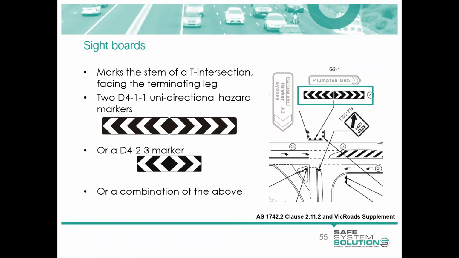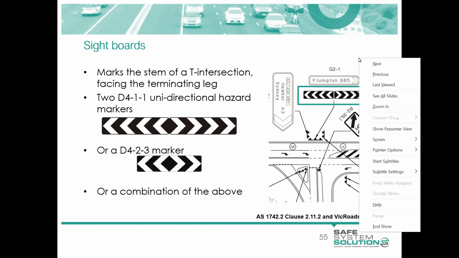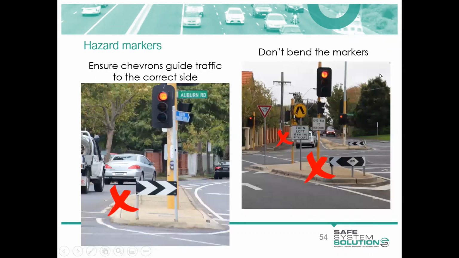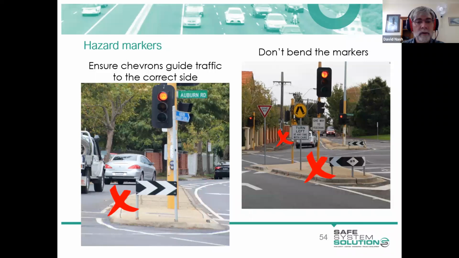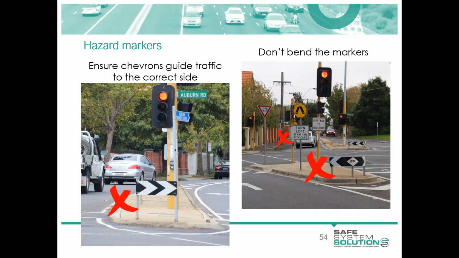Just a quick question to confirm, if you have a splitter island, you use a hazard marker and not a yellow and black sign. Is that right? If you have a splitter island, yes, a hazard marker is a black and white sign. You wouldn't use the black and yellow sign.